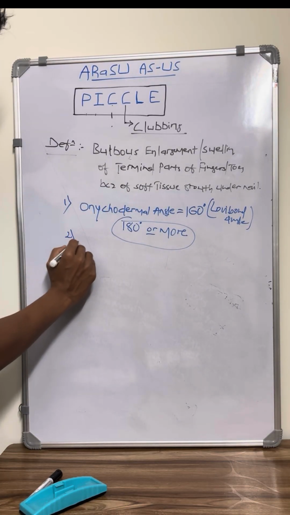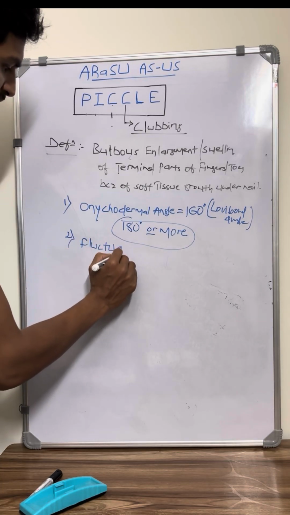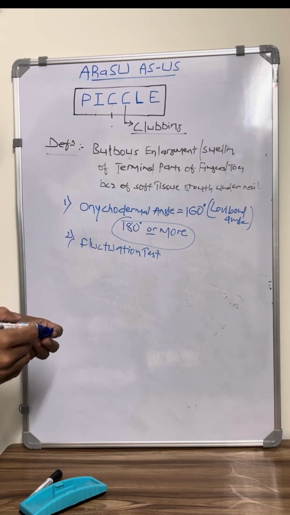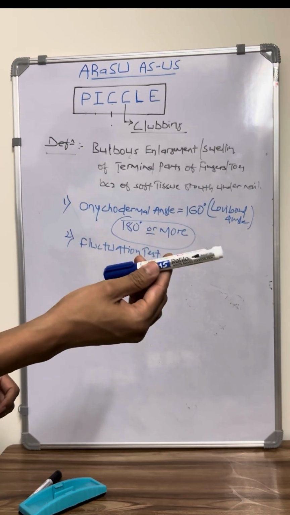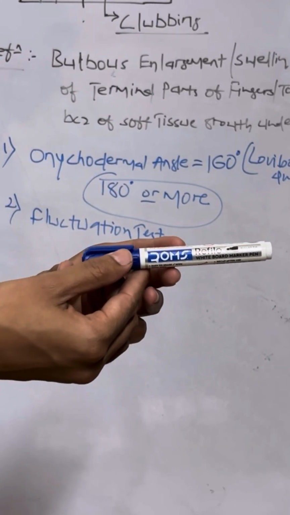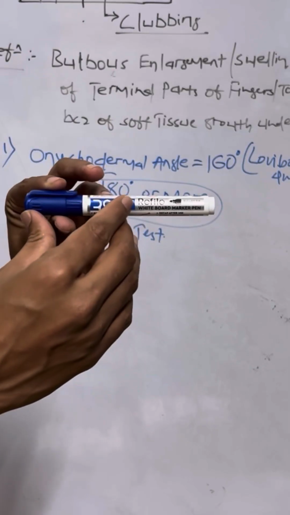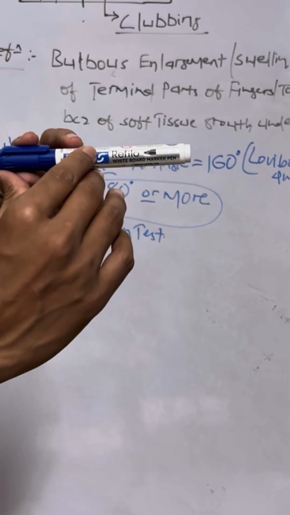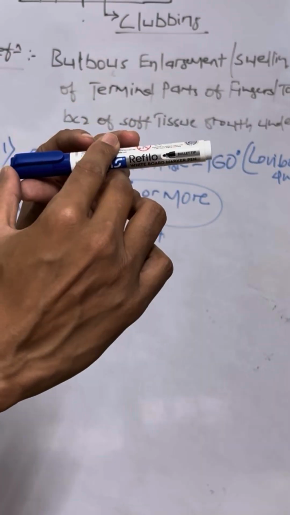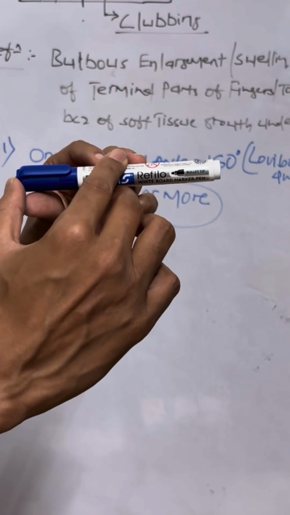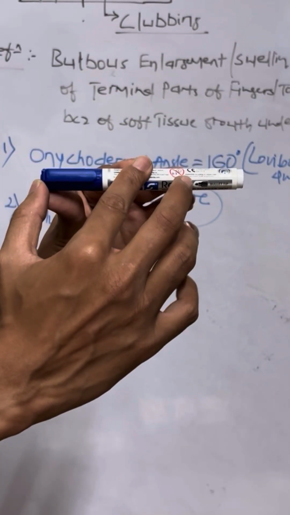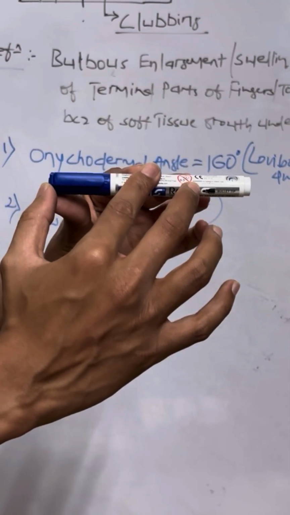Then we can do the fluctuation test. I will just give a demo here. Suppose we consider this as the patient's finger. The examiner will first rest the patient's finger over both the pulps of the thumbs. Then we will support the patient's finger using both middle fingers at the level of the proximal interphalangeal joint.